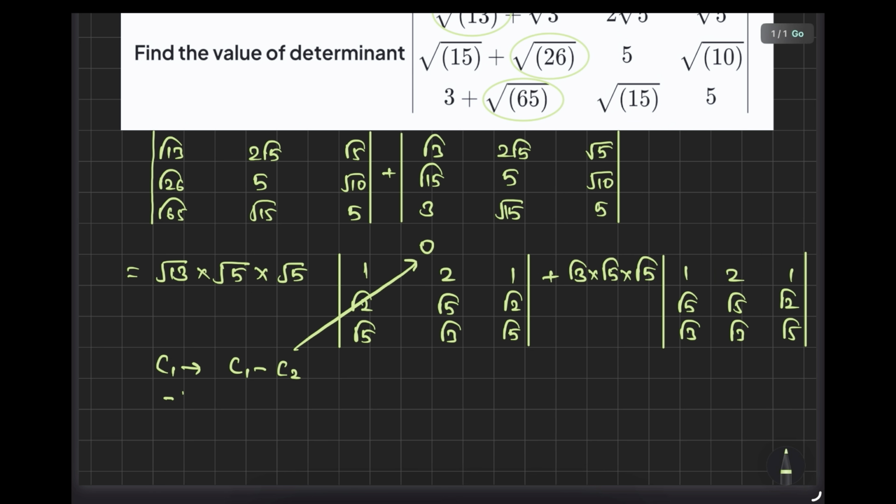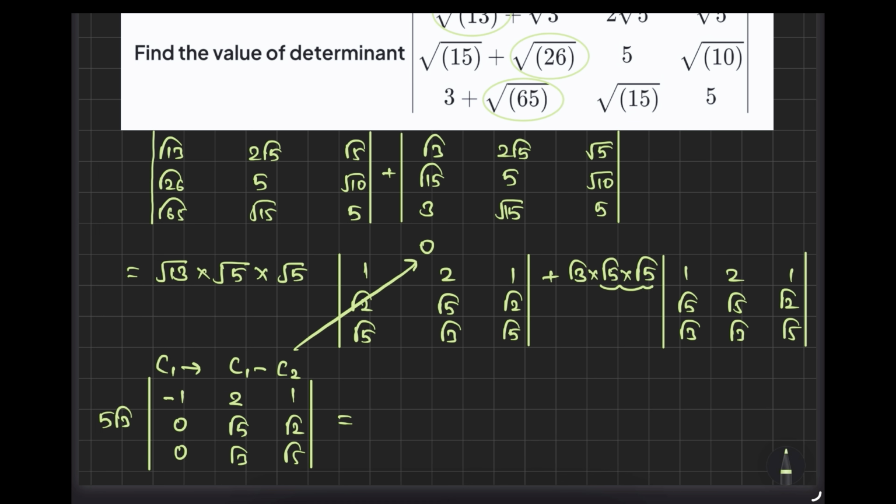So it is minus 1, 0, 0. Remaining things as they are: 2, root 5, root 3, 1, root 2, root 5. And the common factor is 5 root 3, 5 root 3.